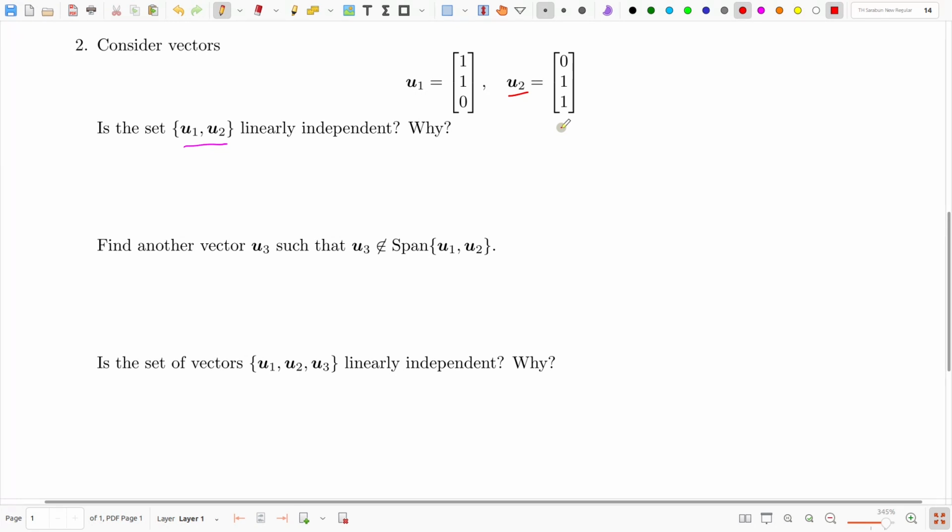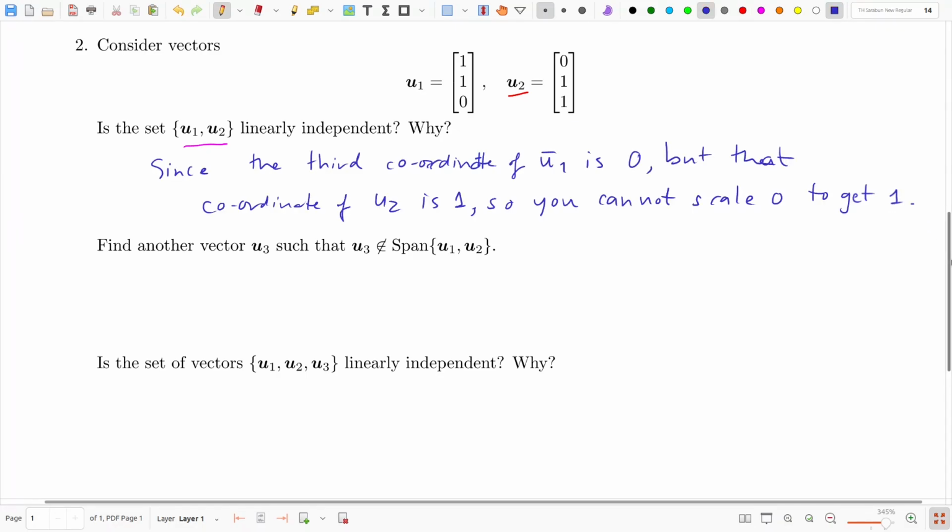because what? Can you write U2 as some scaling of U1? Can you scale U1 to get U2? No. Why? Basically, you cannot scale 0 to get 1, right? You have nothing.